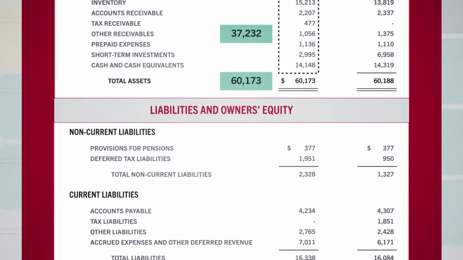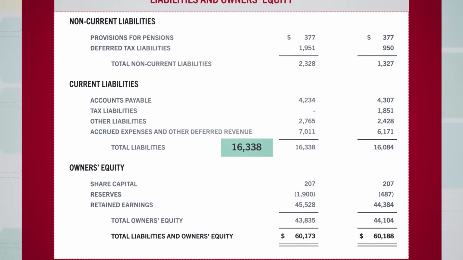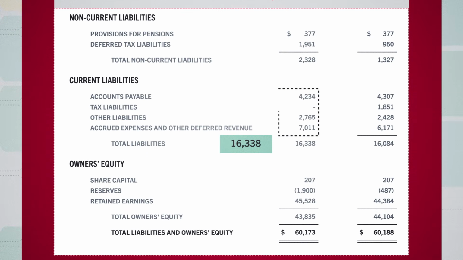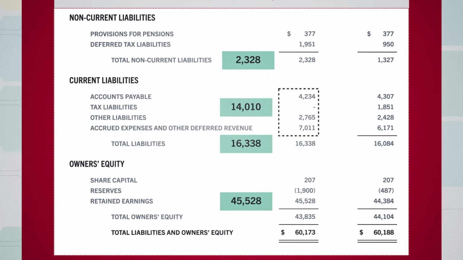The company's liabilities totaled $16,338, including $14,010 in current liabilities and $2,328 in non-current liabilities. It retained $45,528 in earnings during the reporting period, slightly more than it did a year prior.